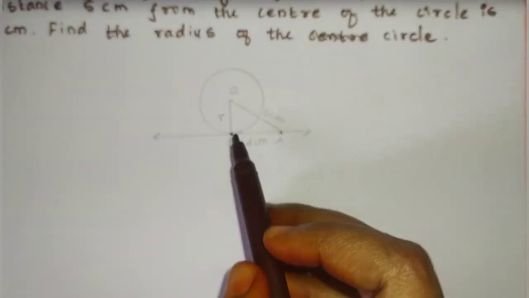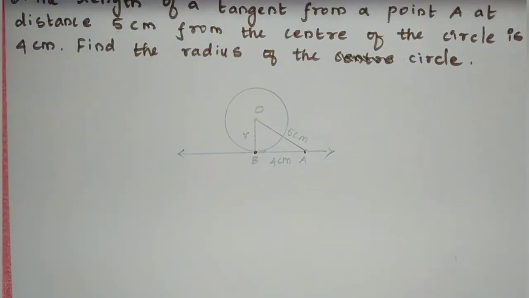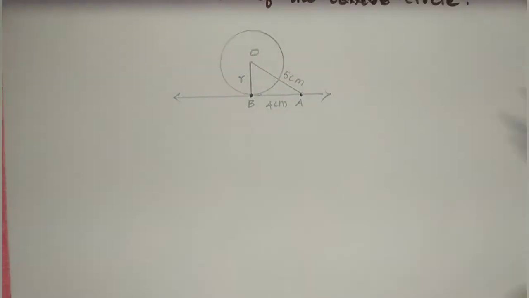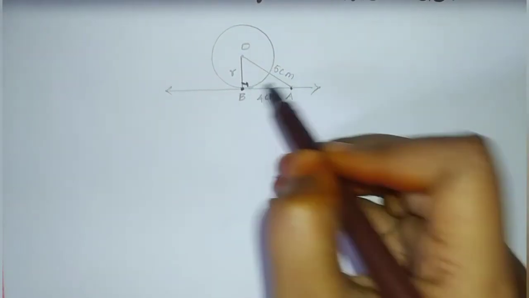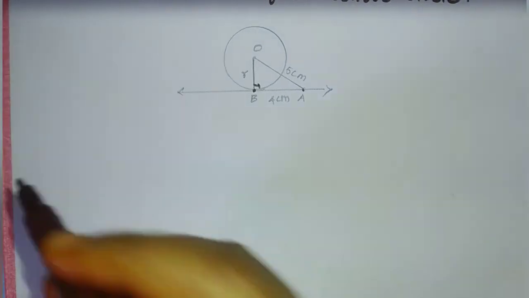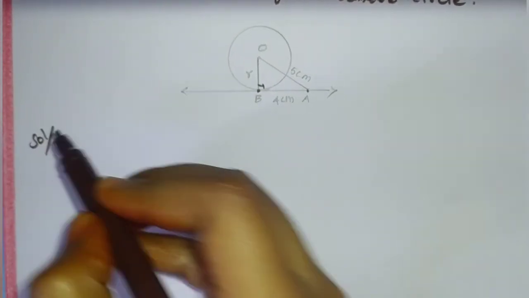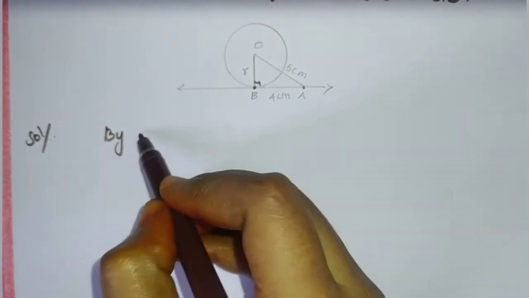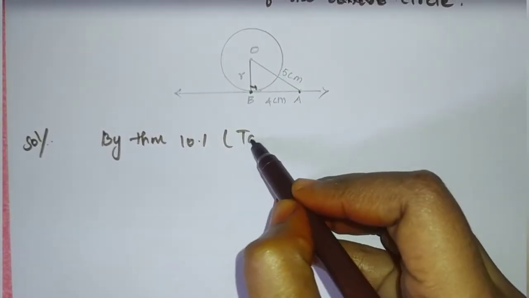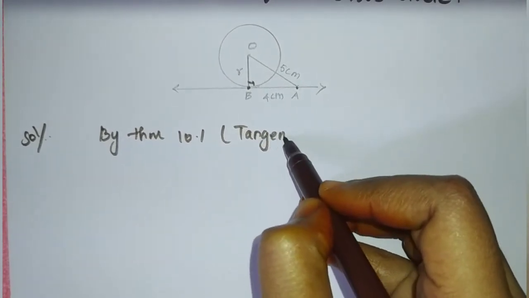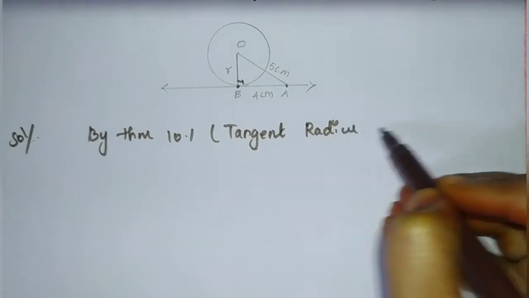So, next, what we have to find? We have to find the radius of the circle. How can we find it, children? We know that it will make 90 degree by theorem 10.1, that is the tangent radius theorem.